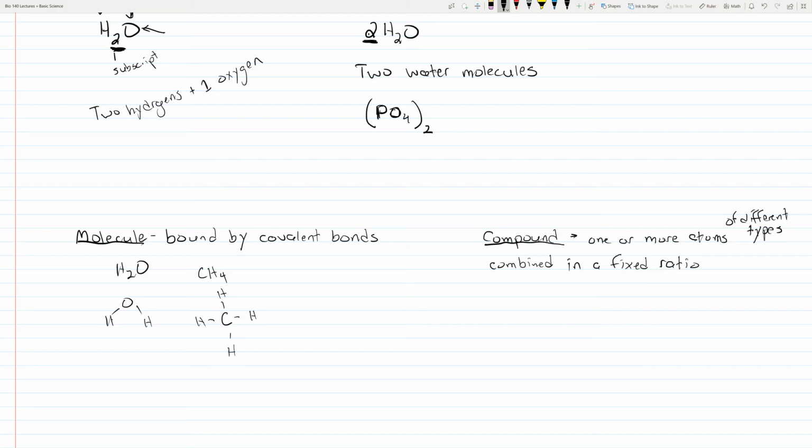So what this means is it doesn't matter if it's an ionic bond, it doesn't matter if it is a covalent bond, but it has to be one or more atoms of different types.